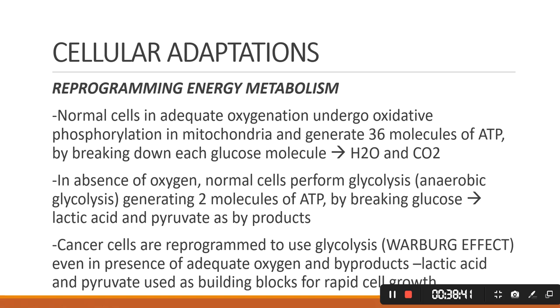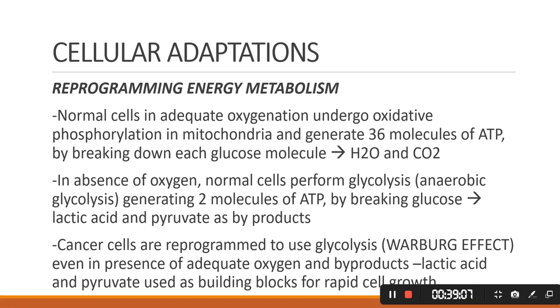So what do you do with that? They are supposed to be excreted, but the tumor cells use those byproducts to form more cells, because these byproducts are used as building blocks. If you look carefully, pyruvate helps in building RNA and DNA molecules, and lactic acid also helps in the formation of new cells.